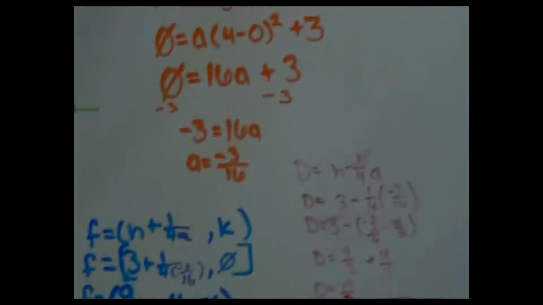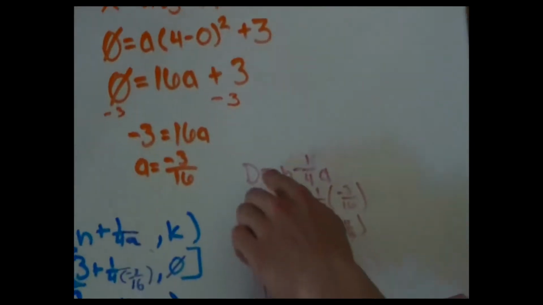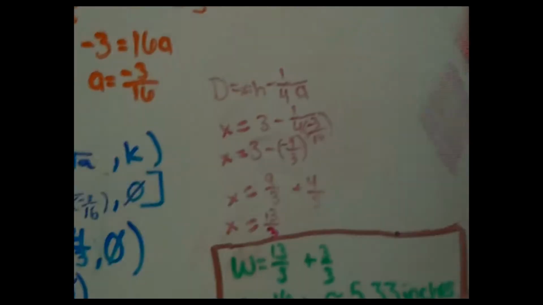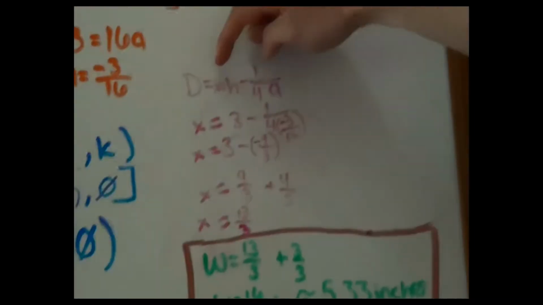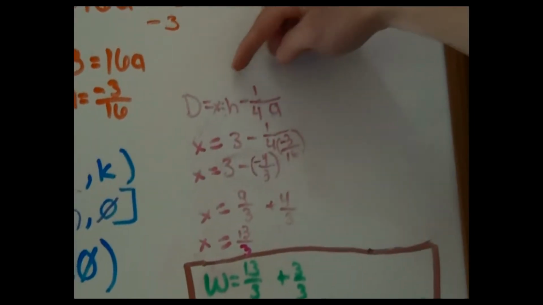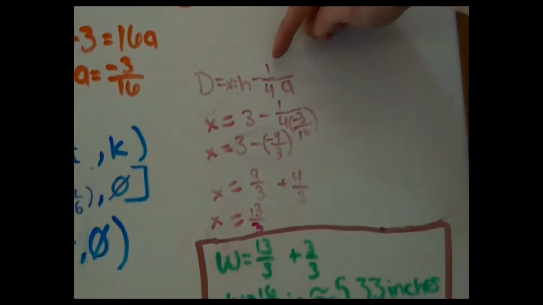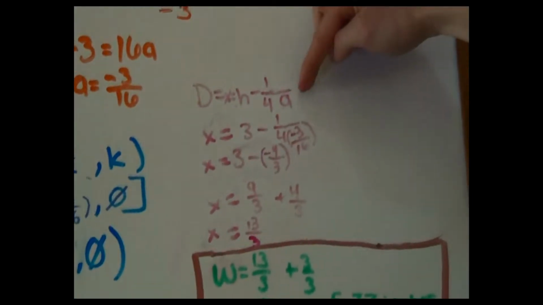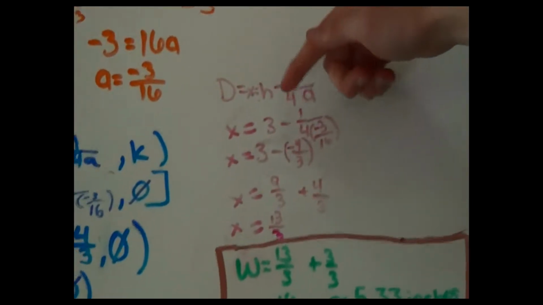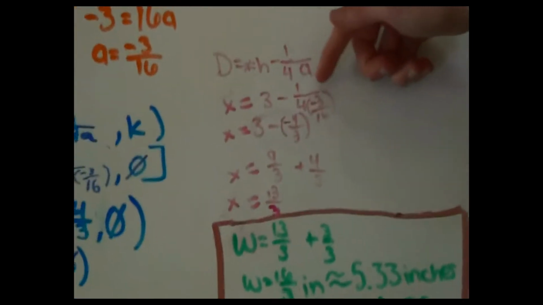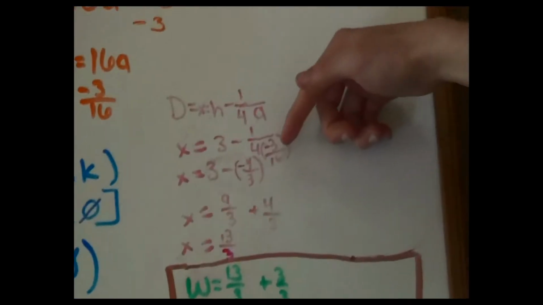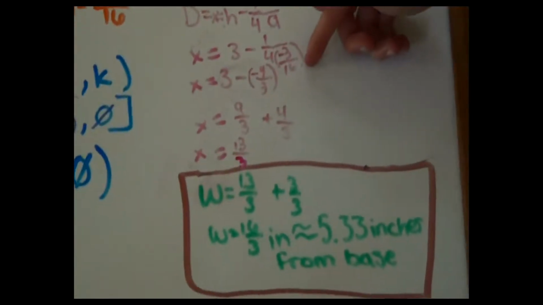The next formula is the directrix, and it's going to be a line, so x equals h minus 1 divided by 4a. We plug in h, 3 minus 1/4 divided by -3/16.